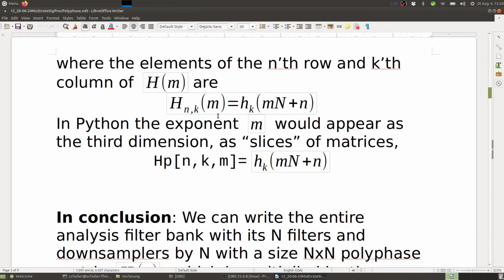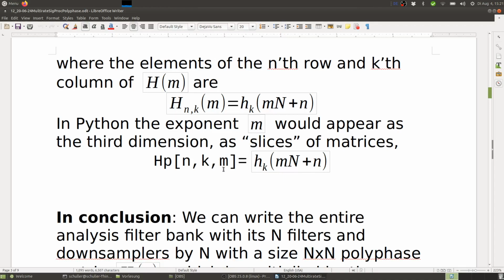So here you can see, again, k is the subband index, n is the phase index, and then we have the downsampled kth impulse response at phase n. In Python, the exponent m would appear as the third dimension as slices of matrices. So we saw that last time in the Python example. Here this HP would be the implementation of the H(m).